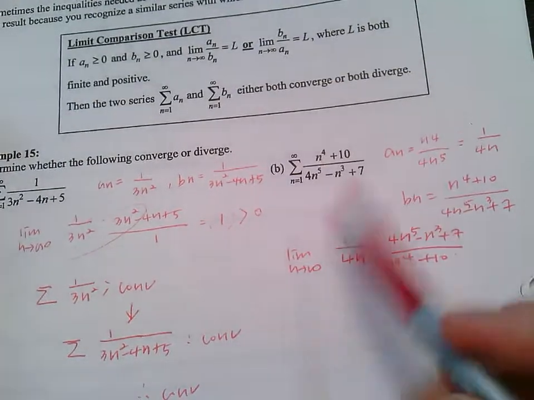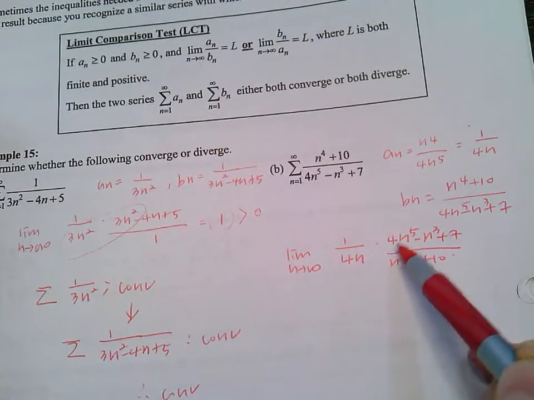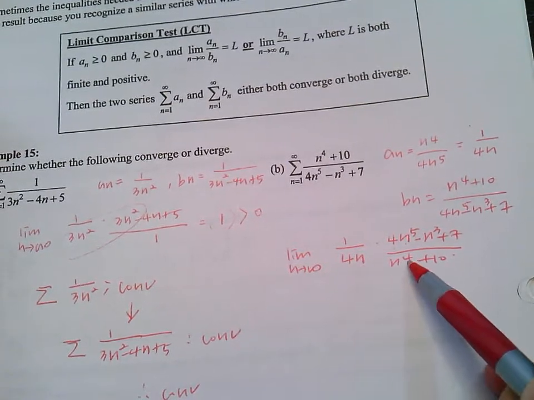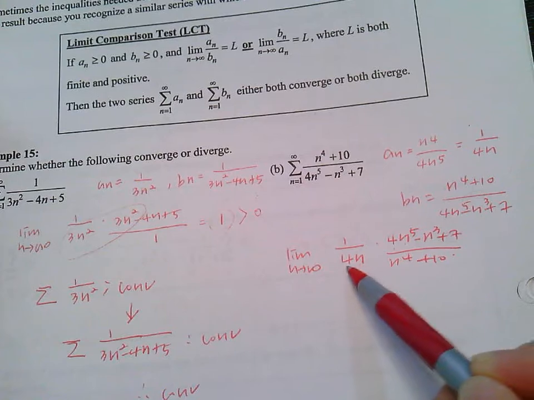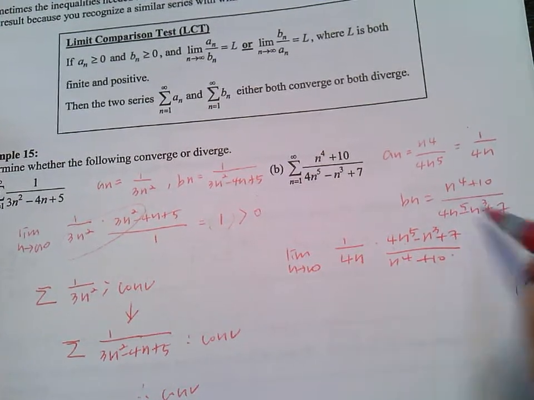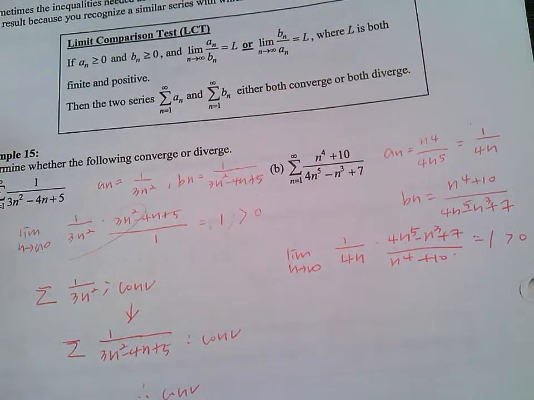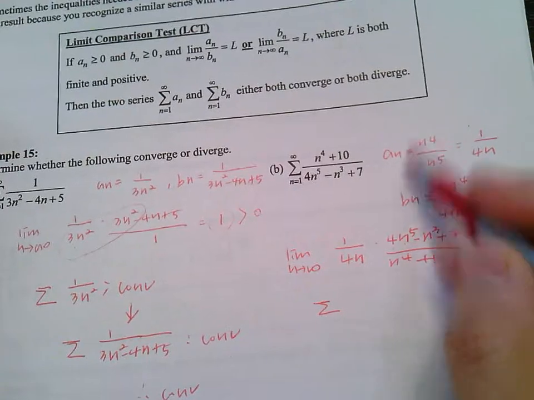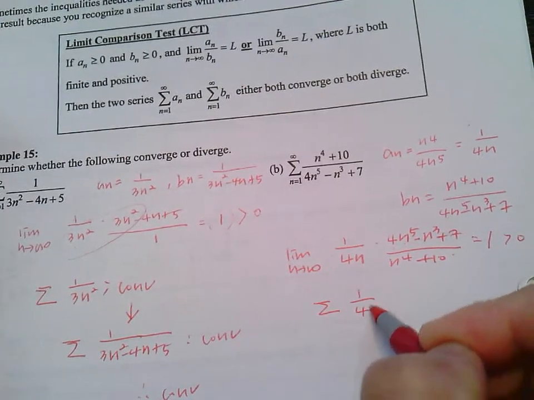Anyway, since this is a limit, on top we have 4n to the 5th, on the bottom we have 4 times n to the 4th times n, which is 4n to the 5th. So 4n to the 5th over 4n to the 5th is 1, a positive finite number. Now let's check a sub n, which is 1 over 4n.